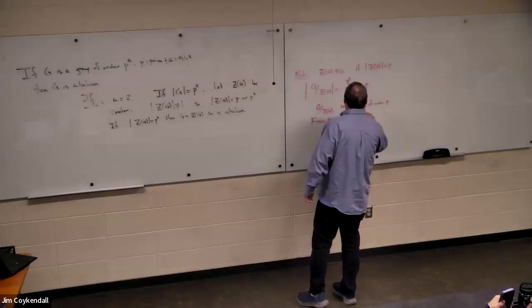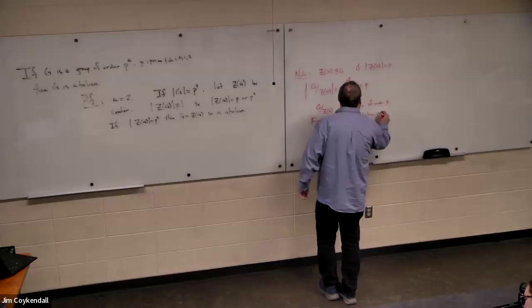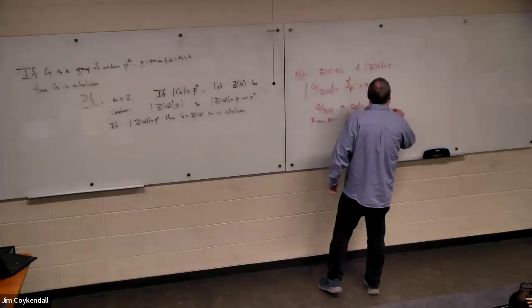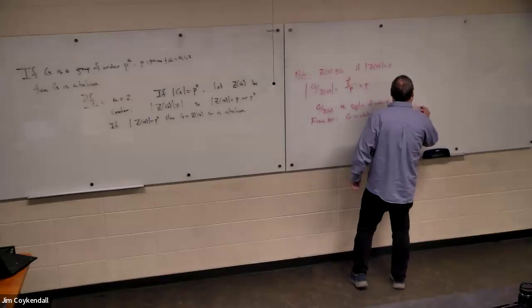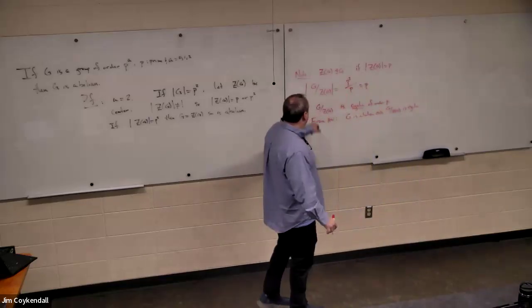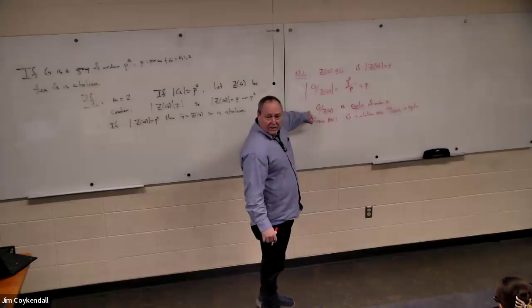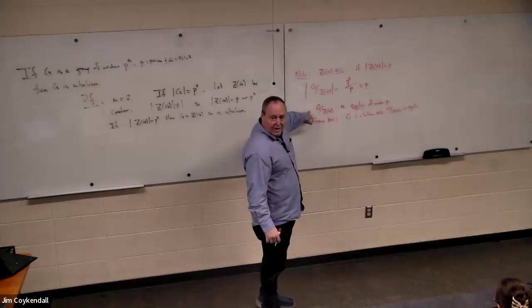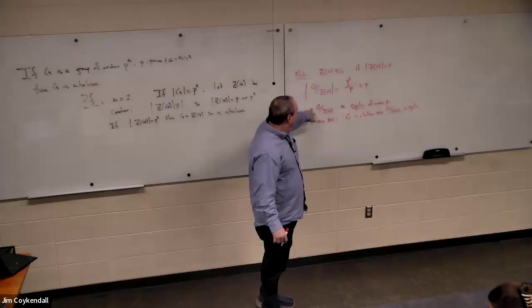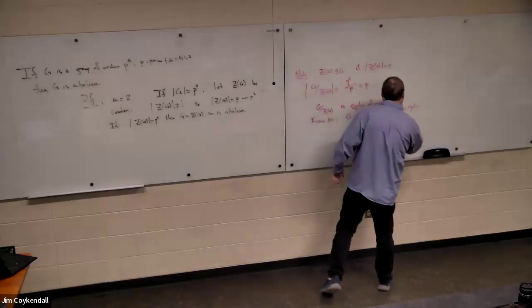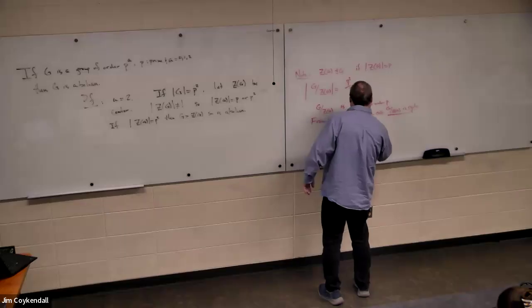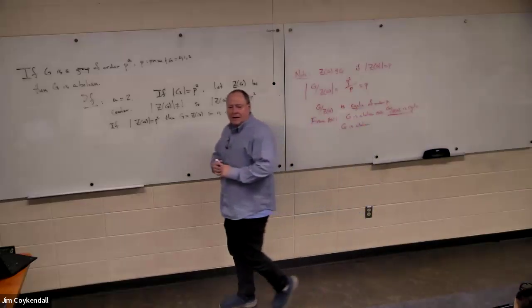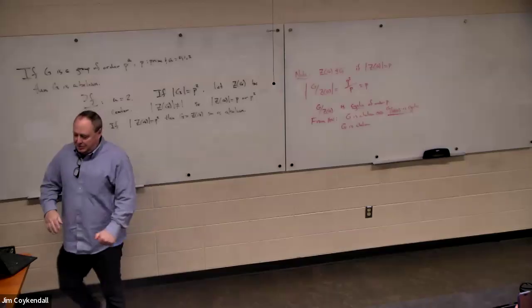G is abelian if and only if G mod Z(G) is cyclic. And there you go. In this case, if the order of the center is p and the order of the group is p squared, the quotient group has order p, is therefore cyclic. Therefore, G is abelian. There we go. So that's step 2.